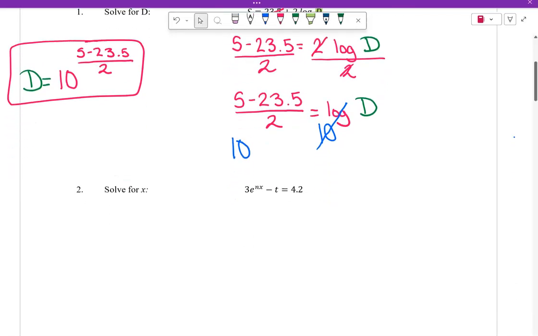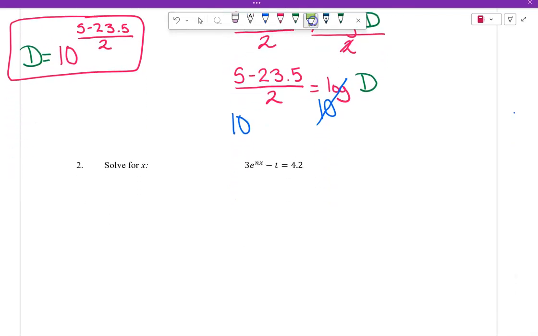Okay, let's look at this next one. Notice on this one, we are solving for x. So we have 3e to the nx minus t equals 4.2. The first thing we need to do is add this over, because we're going to start working towards this x.